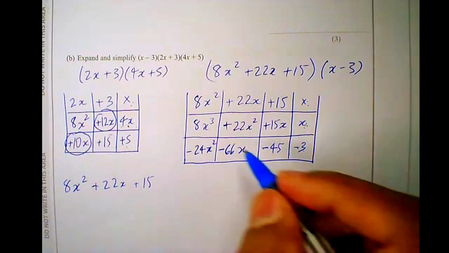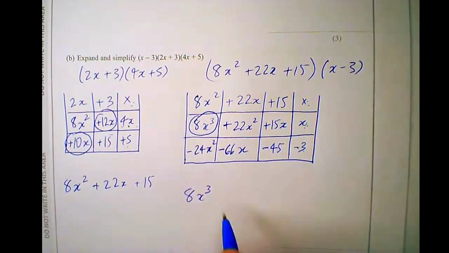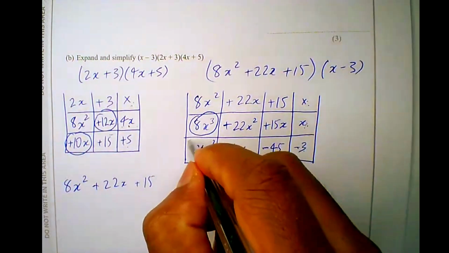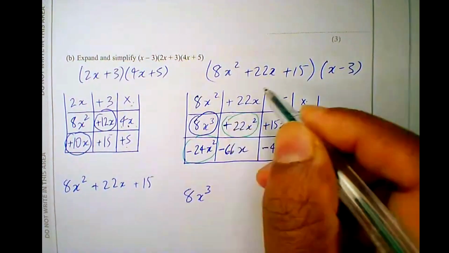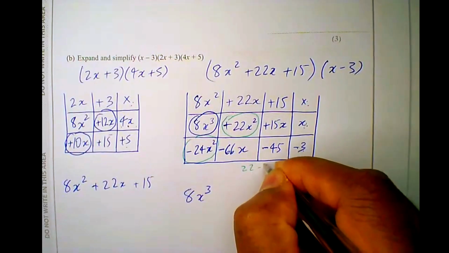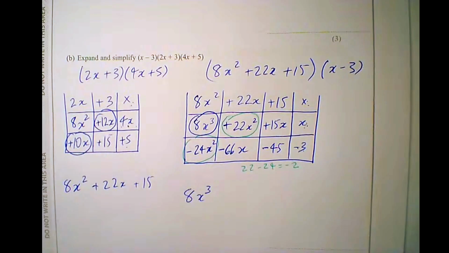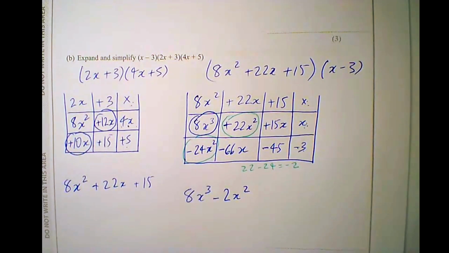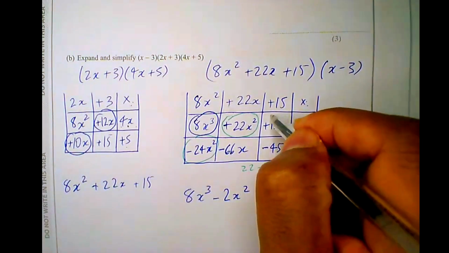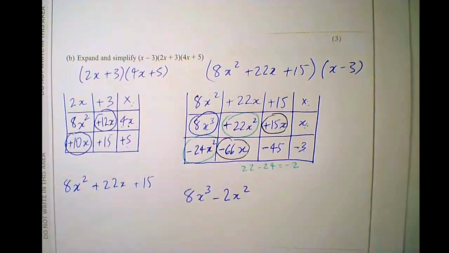And now I look for my like terms. I've got 8x cubed. I've got minus 24x squared plus 22x squared. That gives me 22 take away 24 gives me minus 2, so that's minus 2x squared. Then I have got my next one, which is plus 15x take away 66x.